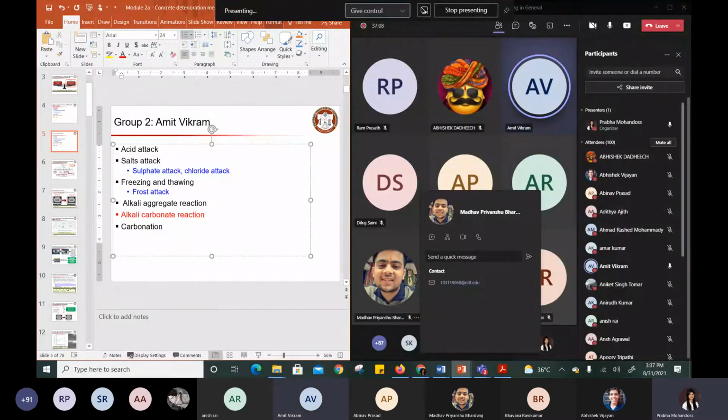So I want you to explain where do you expect such type of alkali aggregate reaction, and do you know the ways to fix it? So if you expect alkali aggregate reaction to occur, what are the ways to control it?